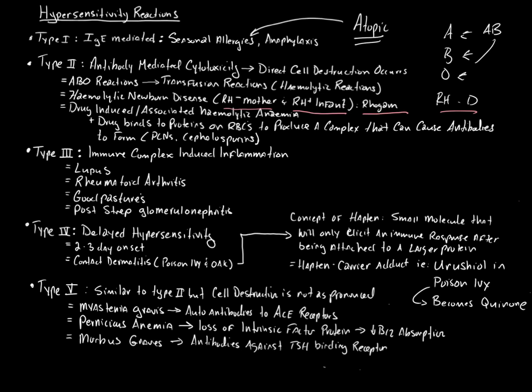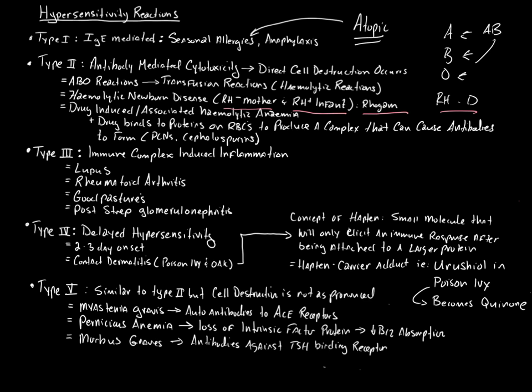Pernicious anemia. This is a loss of an intrinsic factor protein, and this intrinsic factor protein actually allows the body to absorb vitamin B12, and vitamin B12 is a very important component when it comes to producing the hemoglobin of the red blood cell.